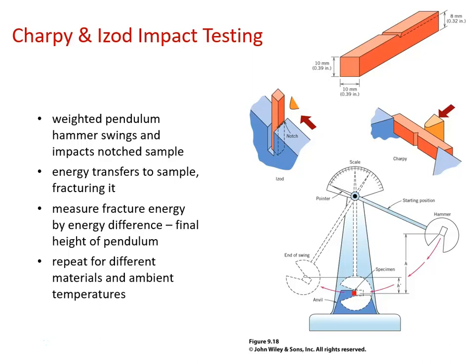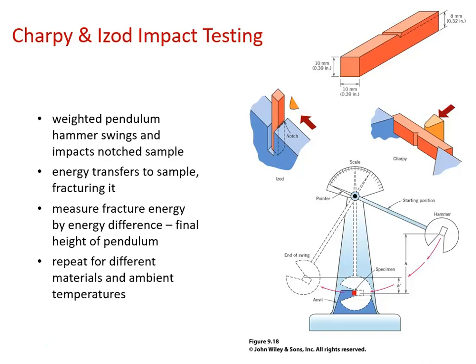It whacks the sample and then rises over on the other side, and so we can convert the potential energy of the weight of the hammer times its height times gravity, subtract the height that it attains on the upward swing after it contacts the sample, and the difference in the two is the energy absorbed by the sample. And again, it's a comparative test, but it is a direct test of energy absorbed.